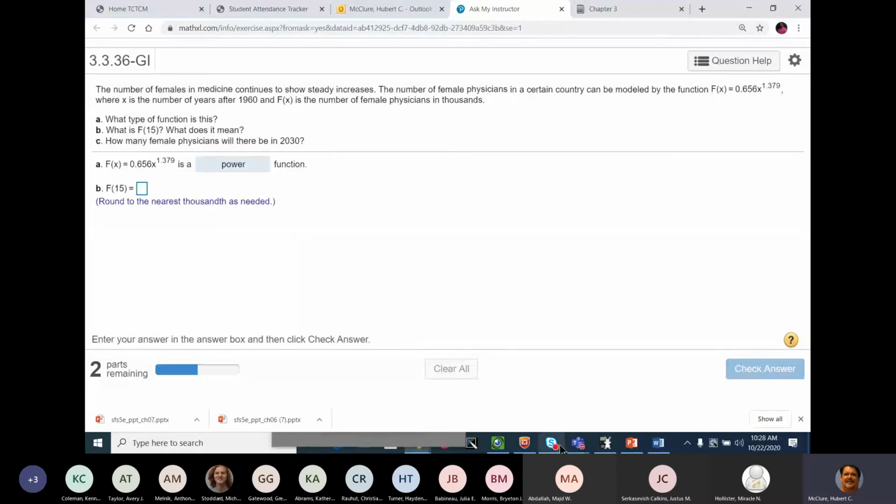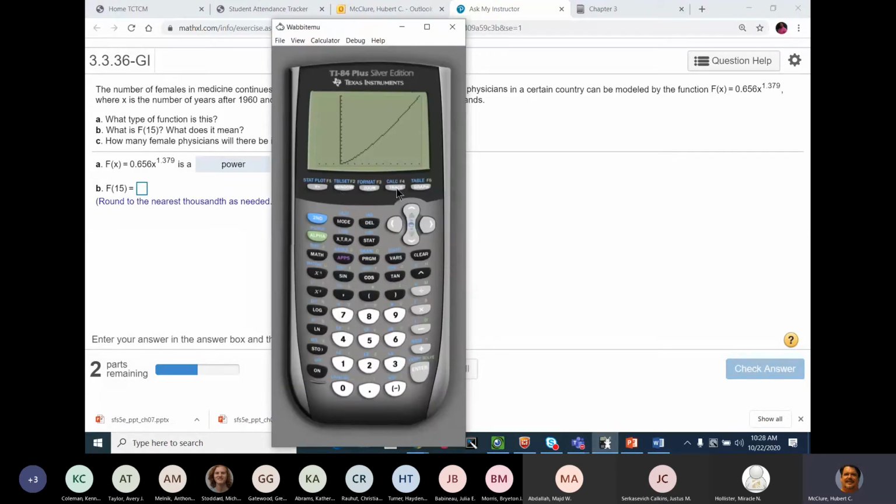F of 15, let's go to the handy dandy calculator in the table. Second table. All right, what were they wanting? 15? 27.462.